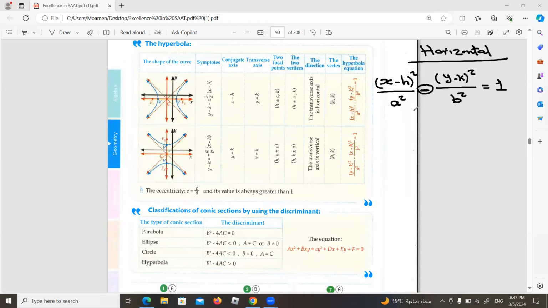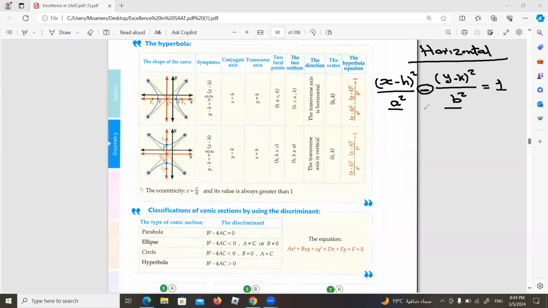But here, a is always the first number, even if it's the greater or the smaller number. It means we go by the order: a is first, then b, even if a is a big number or b is a small number.